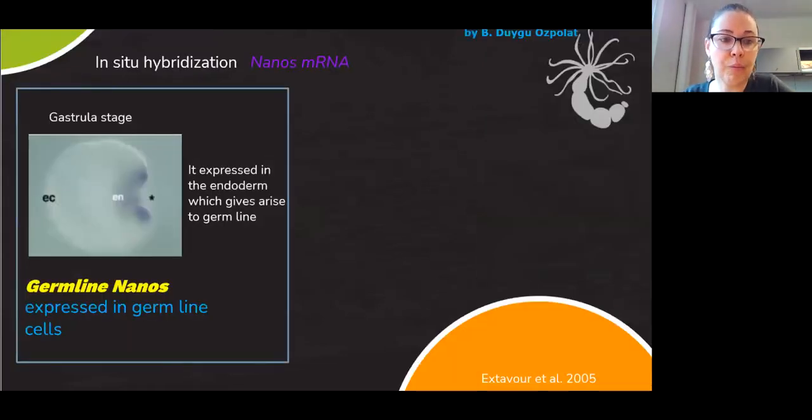When we look at the expression pattern of these genes in Nematostella at the gastrula stage, the germline nanos is expressed in the endoderm in this image, which will give rise to the germline.